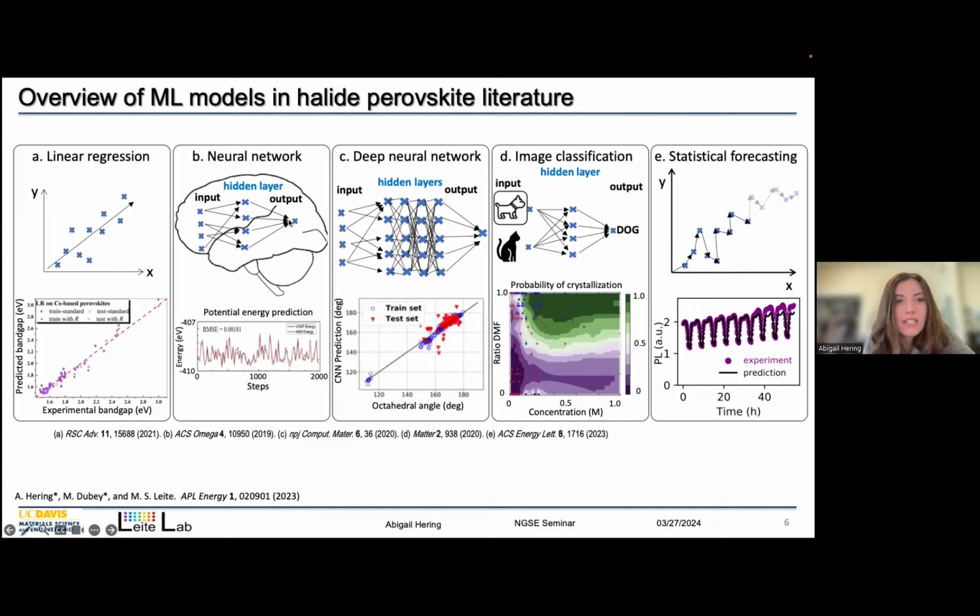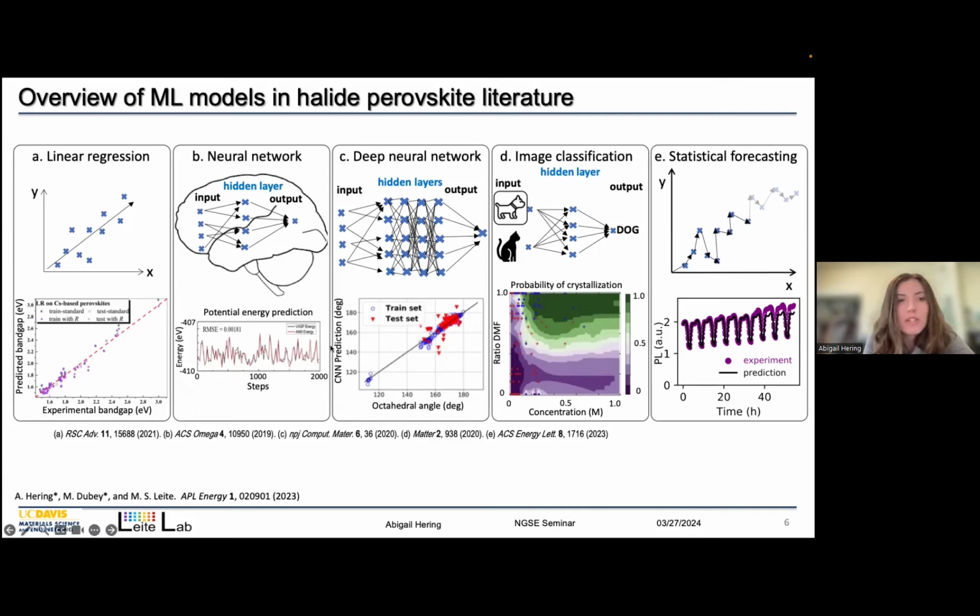And during the training step, the output is given to the model so that the hidden layer can adjust and optimize the weight and bias of its activation functions in order to match the desired result. And then once it's trained, it will be given the test data that it has never seen, and then it will give an output prediction based on that.